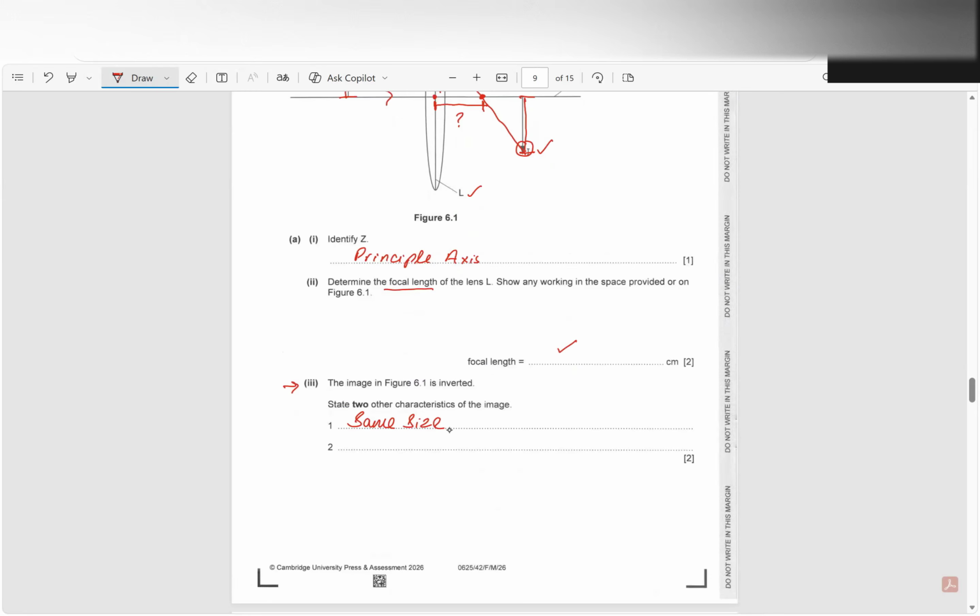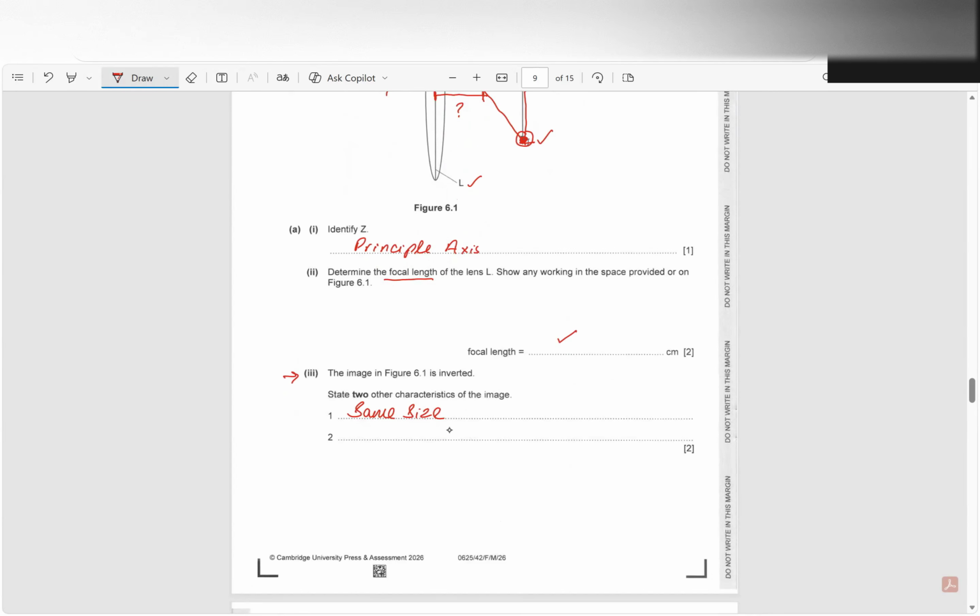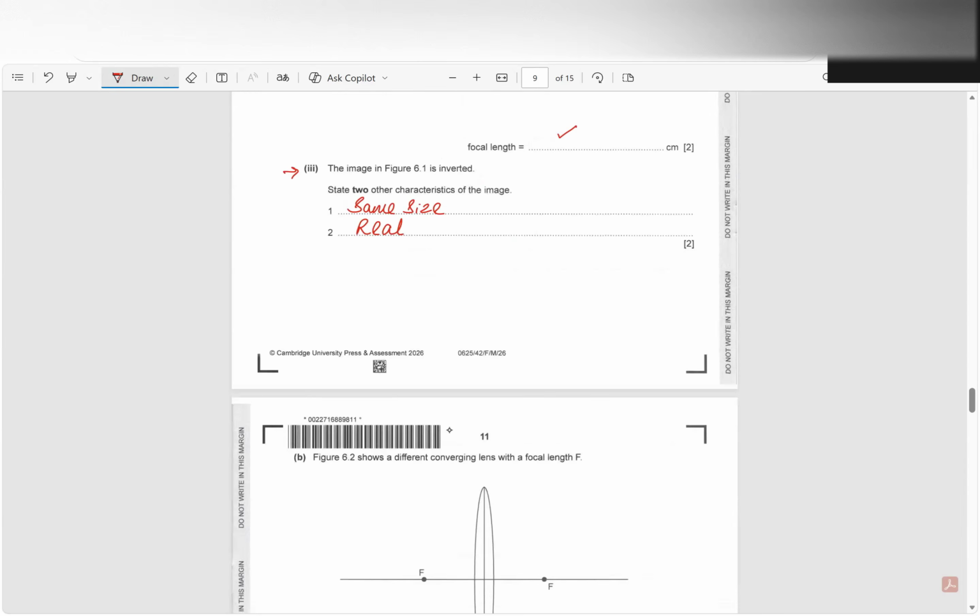Number 2, we can also say that here the light rays are actually hitting the lens, passing through the lens and meeting at some common point. So it is going to be a real image, where the light rays are actually meeting at one common point to form an image. So we're going to say this is a real image. Moving on to the next part.